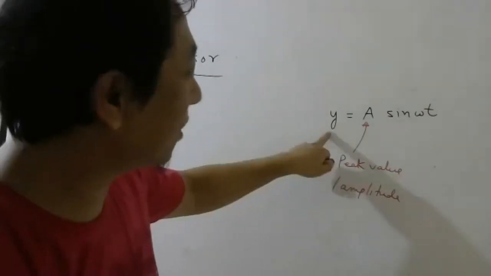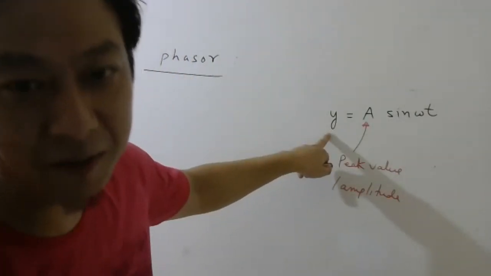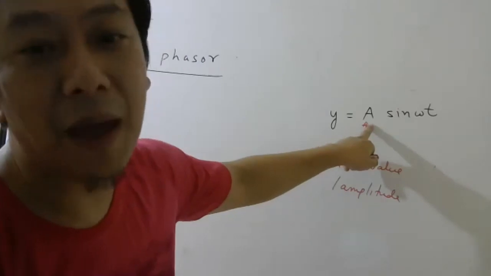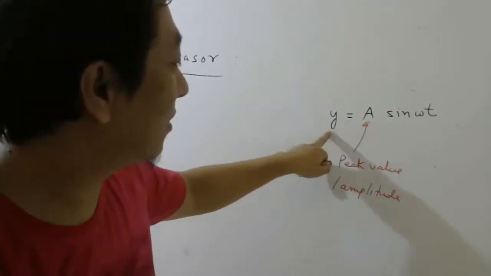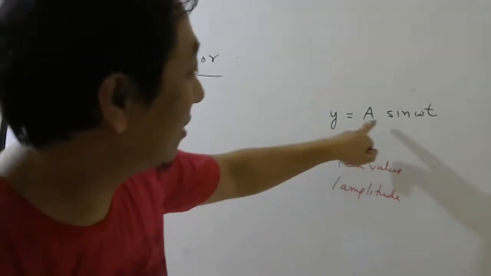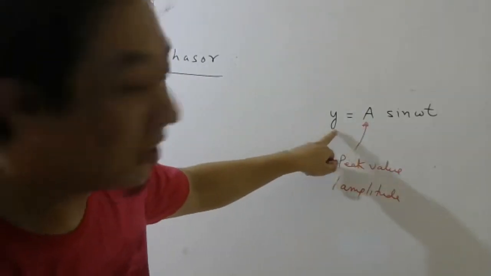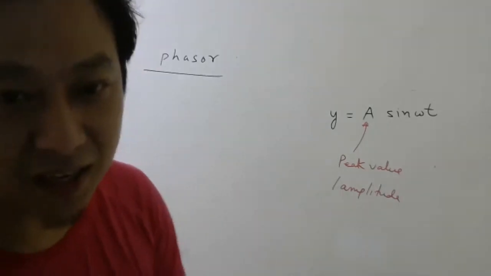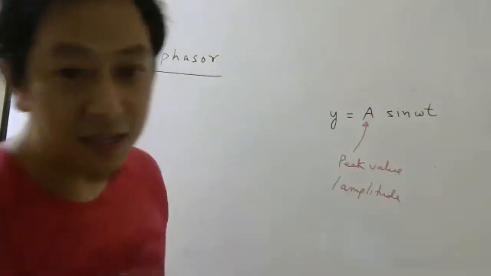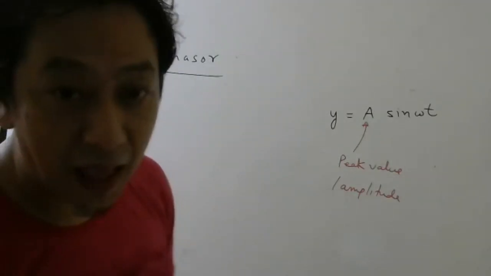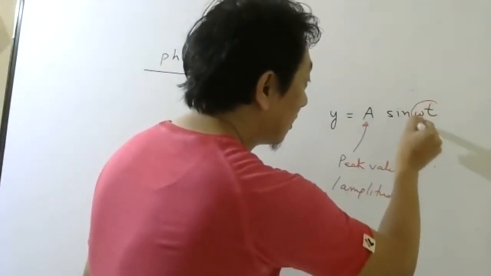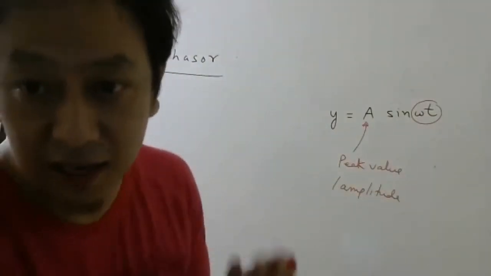If y represents displacement of a pendulum, this will be maximum displacement. If y represents voltage, this will be maximum voltage. If y represents current, this will be maximum current. So this quantity represents the peak value.